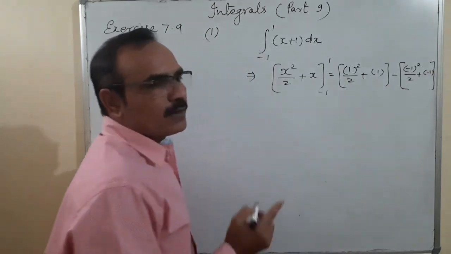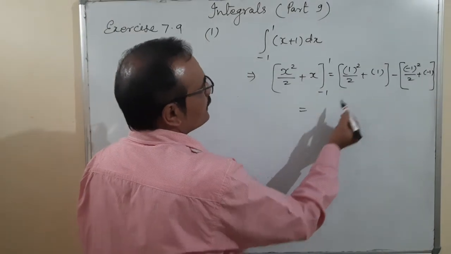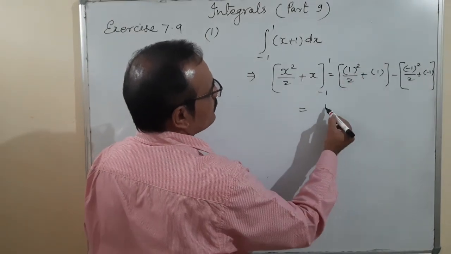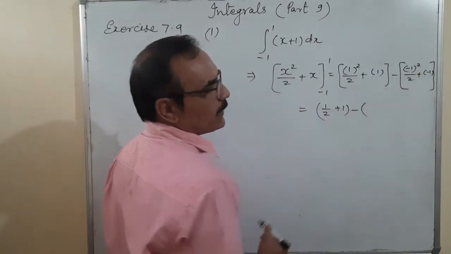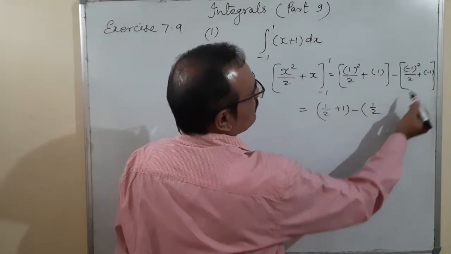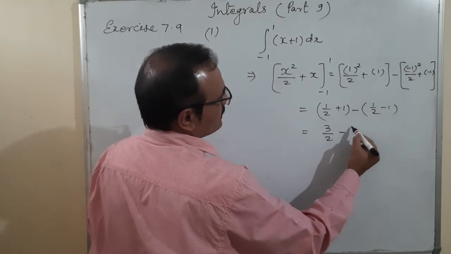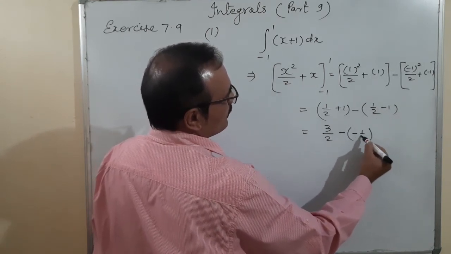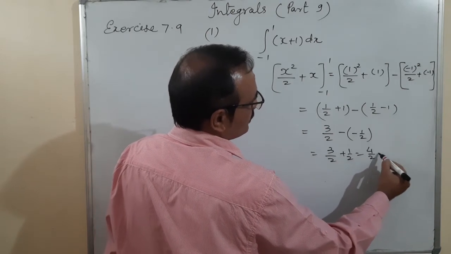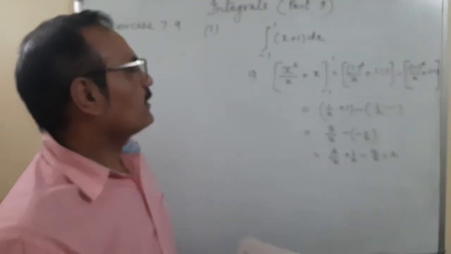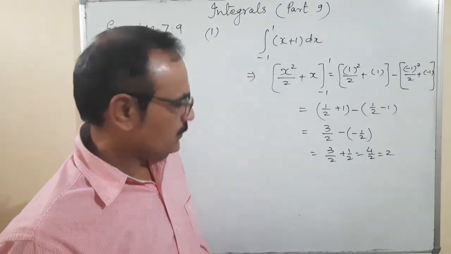Is it okay? Upper limit minus, with a bracket, then the lower limit. Calculate it: 1 square is 1 upon 2 plus 1, minus 1 square is 1 upon 2 plus minus 1. So it is 3 by 2 minus 1 by 2 minus 1, minus 1 by 2. 3 by 2 plus 1 by 2 is 4 by 2, that means the result is 2. So the answer of this definite integral is 2.